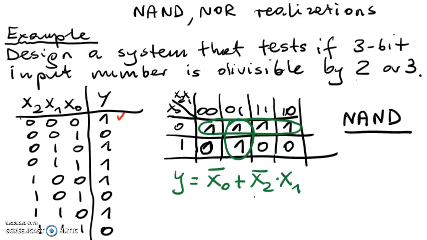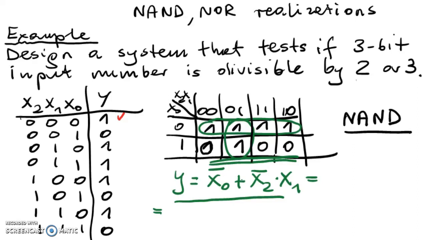So this is the minimized version, and what you do next is to double invert the whole expression, and then use De Morgan's laws to transform plus into dot, so sum into product. So if you use De Morgan's law, you get something like this. Of course, the external inversion you leave without any changes, and for the lower one you use De Morgan's law.